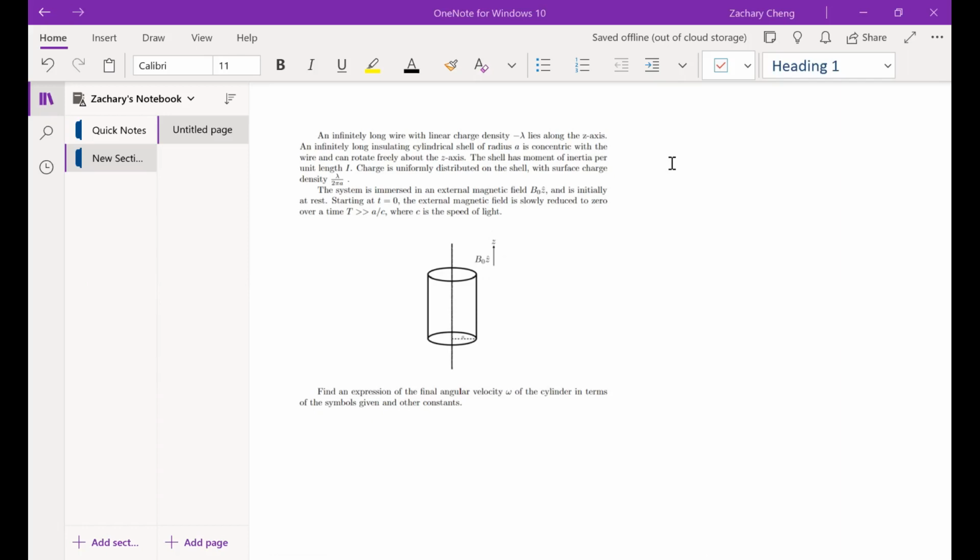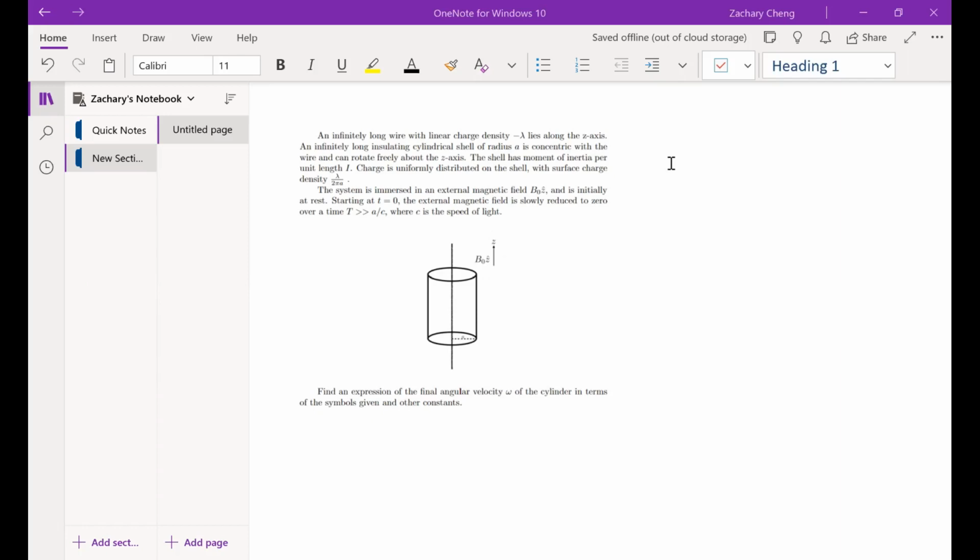So the problem for this week is from Yusufo. An infinitely long wire has a linear charge density of negative lambda along the z-axis, and there's also an infinitely long insulating cylindrical shell around it.